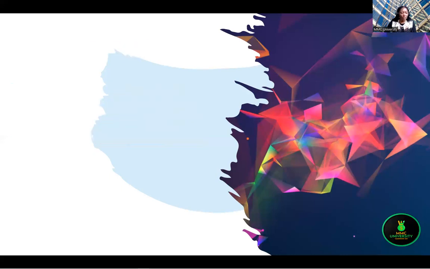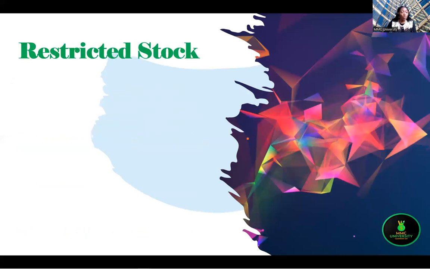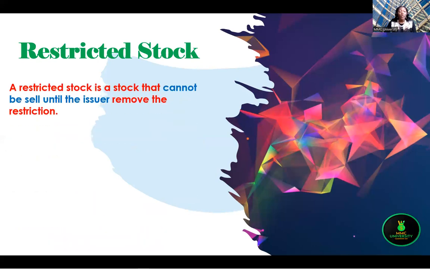So Rule 144 applies to, again, what we talked about, restricted stocks. A restricted stock is a stock that cannot be sold until the issuer removes the restriction. Normally, when they issue these restricted stocks, on the certificate itself there will be a legend or a symbol that warns about a holding period.